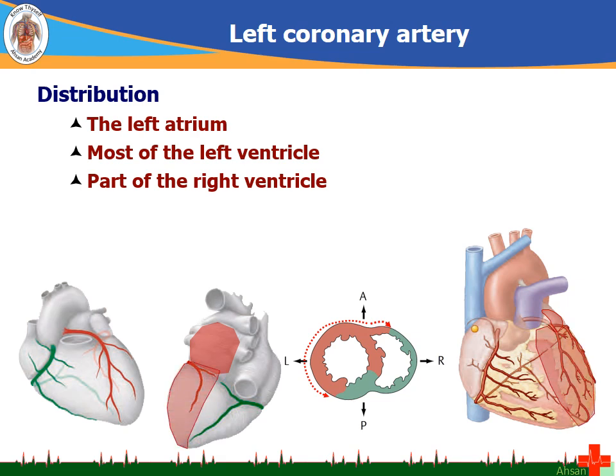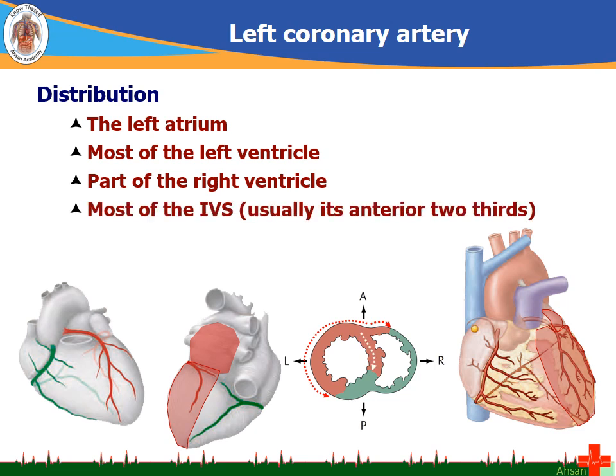The stained area shows the left coronary artery distribution, and it supplies the anterior two-thirds of the septum, shown by the white arrow in the section photo. The AV bundle is supplied by the left coronary artery, and rarely it supplies the SA node.